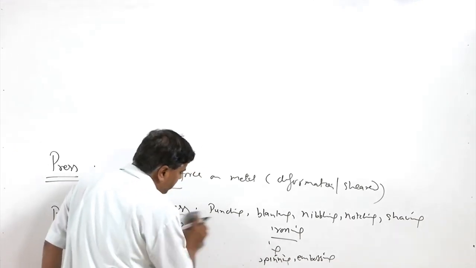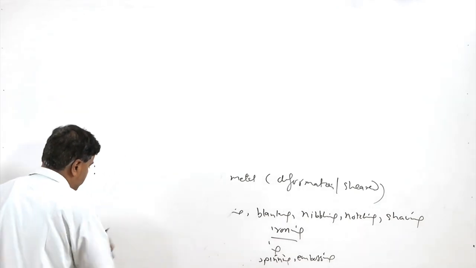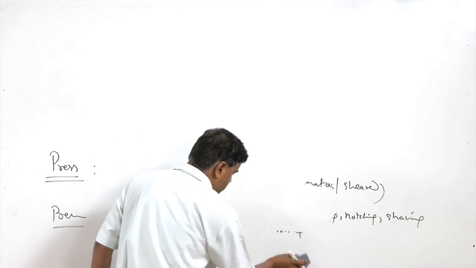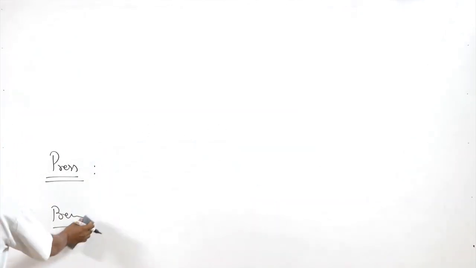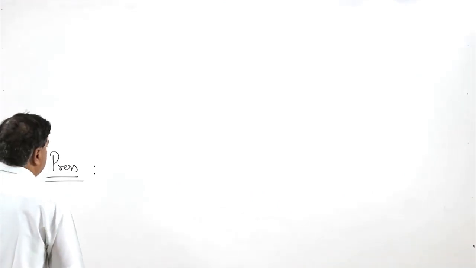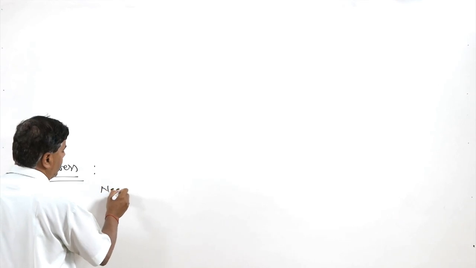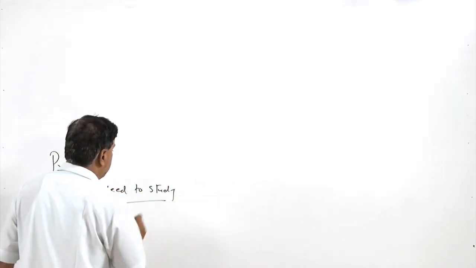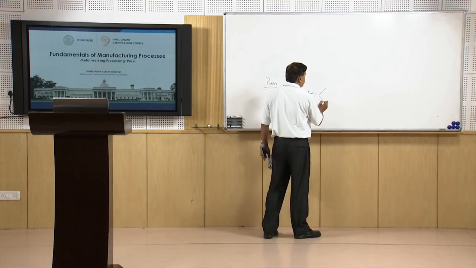So, for the purpose of applying the suitable force during the sheet metal operation, a suitable press needs to be selected. So, how to select? What is the need to study about the presses? If we are aware of the presses, then it helps in two ways.